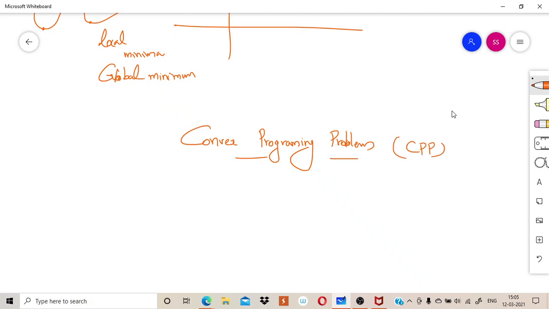Actually, this convex programming problem is nothing but your non-linear constraint optimization problem, or constraint non-linear programming problem. So convex CPP is nothing but this constraint non-linear optimization problem.